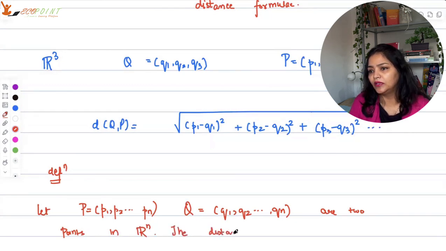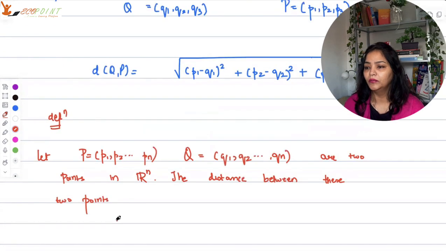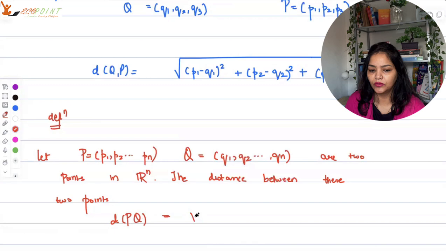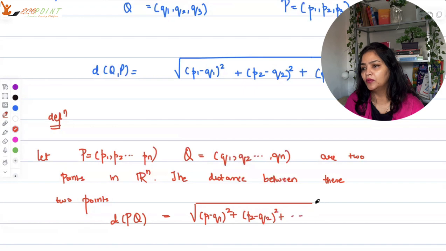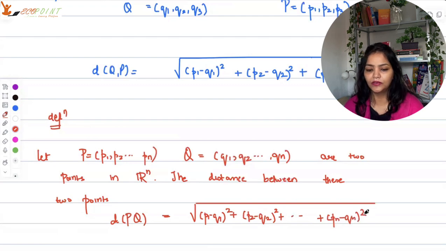The distance between these 2 points could be defined as d(P, Q) and could be given as the square root of P1 minus Q1 square plus P2 minus Q2 square plus so on and so forth. Since we had n tuples, so Pn minus Qn whole square. This is the distance formula. It could also be written symbolically, like this.